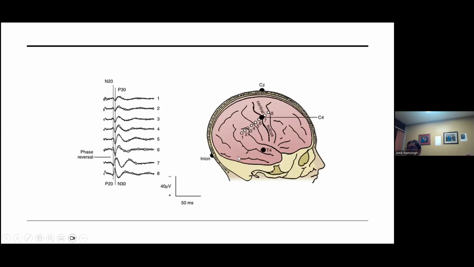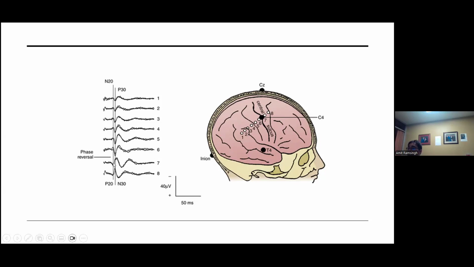So basically what we're looking at here is that we're going to either stimulate the median nerve or the posterior tibial nerve. Our readings from the subsequent scalp recordings here are going to show different downward deflections. What we're looking for in terms of phase reversal is the area, or the dot area, in which we have the transition from a downward deflection to an upward deflection.